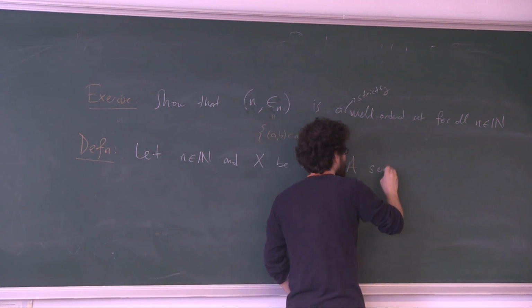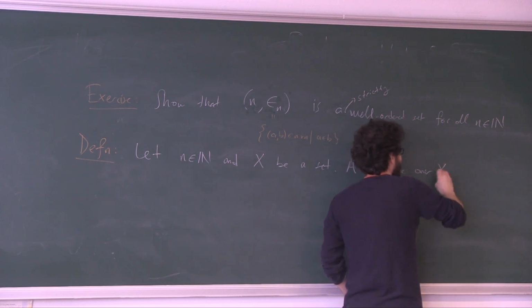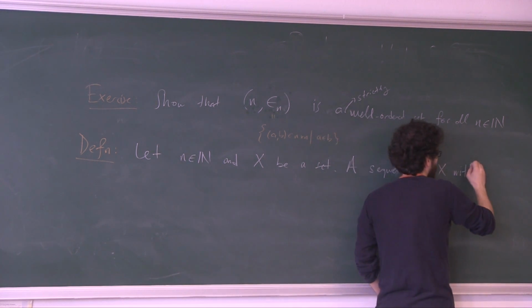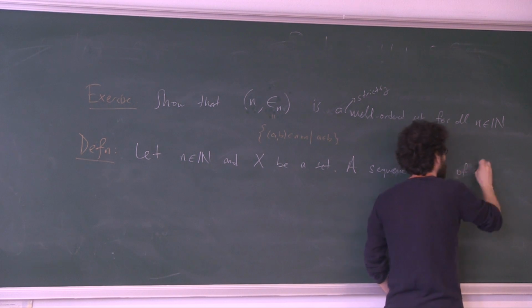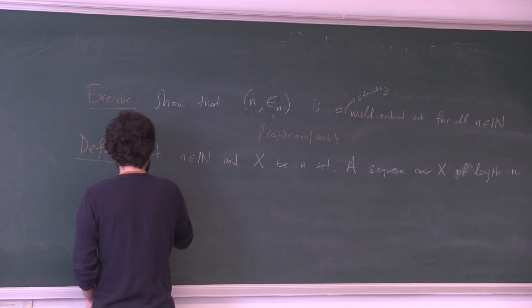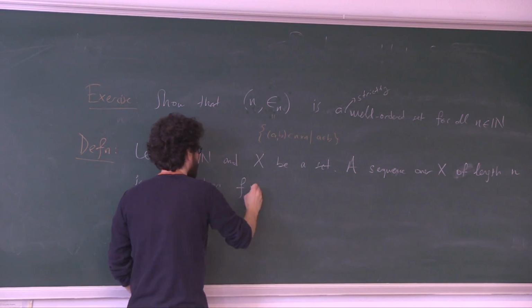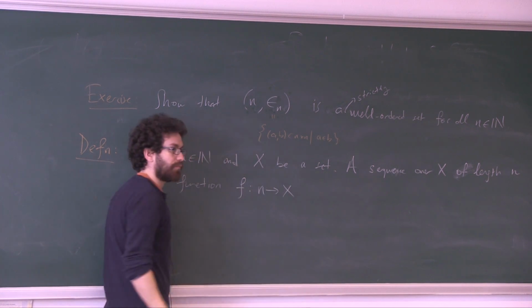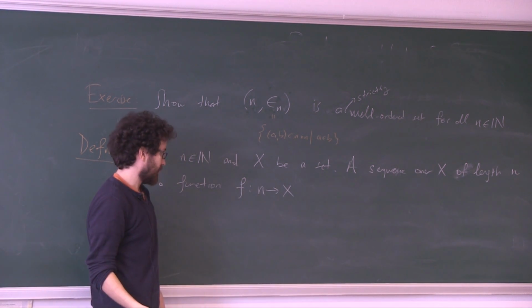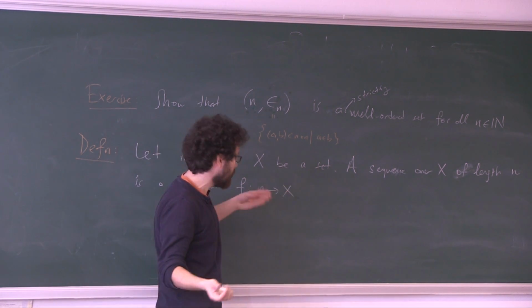A sequence over x of length n is a function f from n to x. Okay? Any function from a natural number to some set is a sequence.